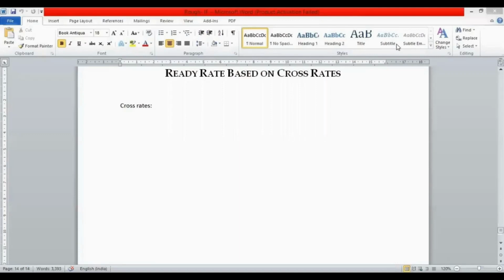Good morning to all. Yesterday we were discussing the cross rates. And as I told you, we are involved in conversion of foreign currency into Indian rupee, INR, or the reverse, Indian rupee into foreign currency.